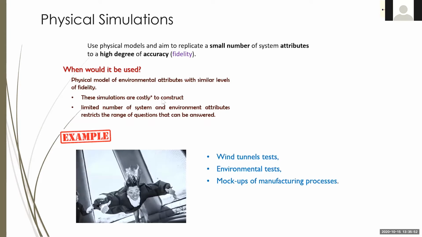Now, examples of some physical problems with reduced attributes might be the wind tunnel or some environmental tests, okay?